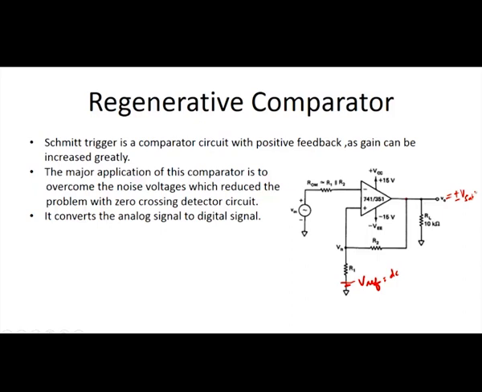Now consider the voltage at the output of the comparator is plus V saturation. I am redrawing the regenerative comparator circuit again here.